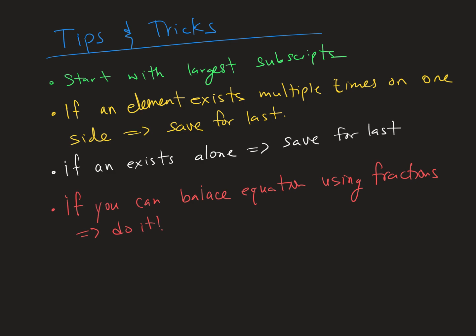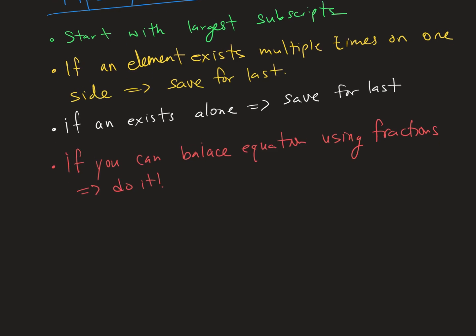But you can't leave it there. So how do you get rid of the fraction in math? You multiply everything by the denominator. If you multiply everything by the denominator, it's still going to be balanced. Good? And we'll go through examples there.